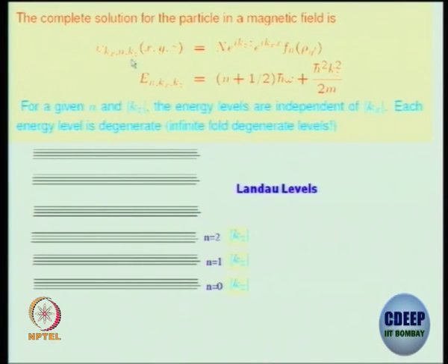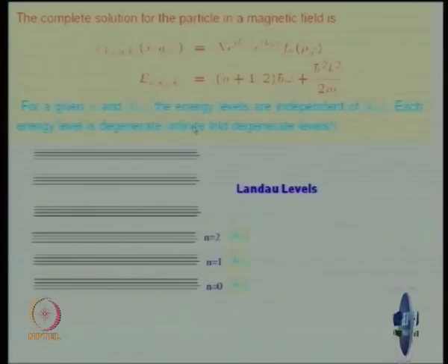Then I went to a little more complex problem where I added a particle in the magnetic field which should satisfy Lorentz force, which will give you a Hamiltonian, and with a suitable choice of the vector potential you can end up getting the wave functions to be highly degenerate for a specific n and specific kz. kx can be anything.